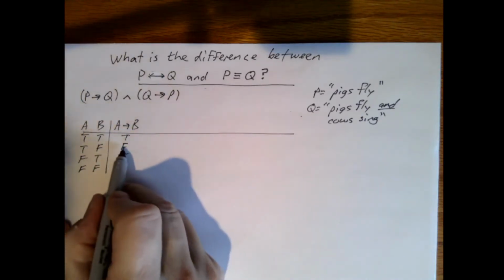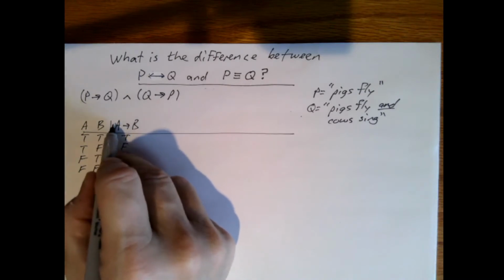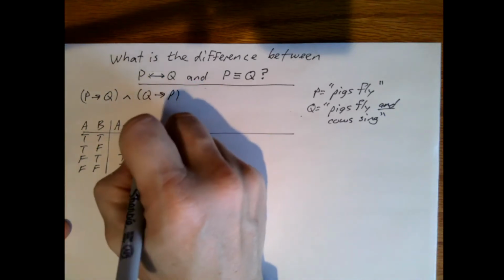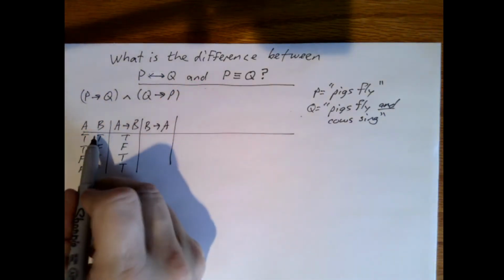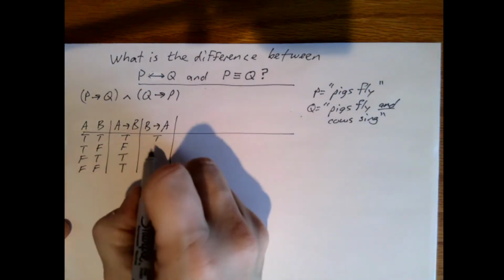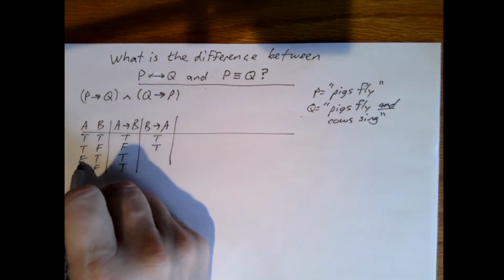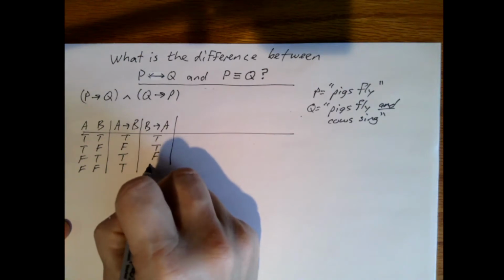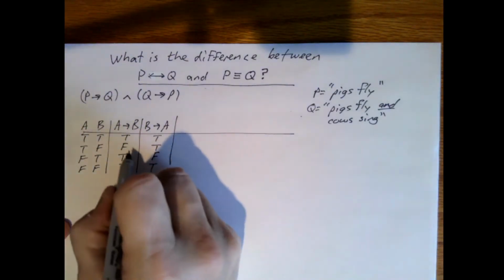Remember, the only one that's false is where A is true, or the left thing, and the right thing is false, like we have here. B implies A. Now we're going true and true is true. False and true is true. True and false is false. And false and false is considered true. Okay? So note that these are different.